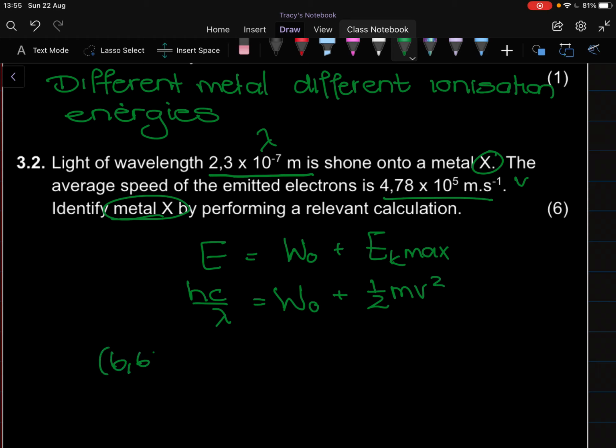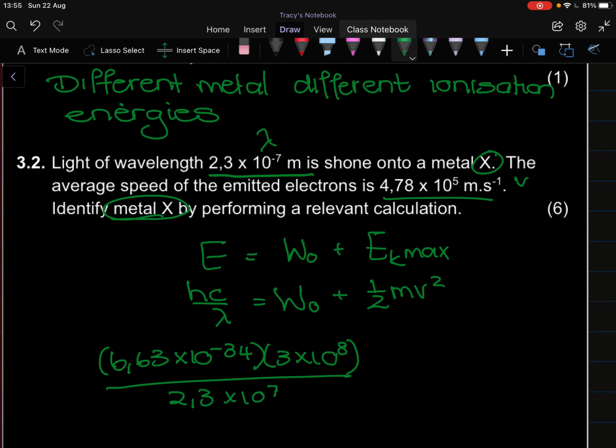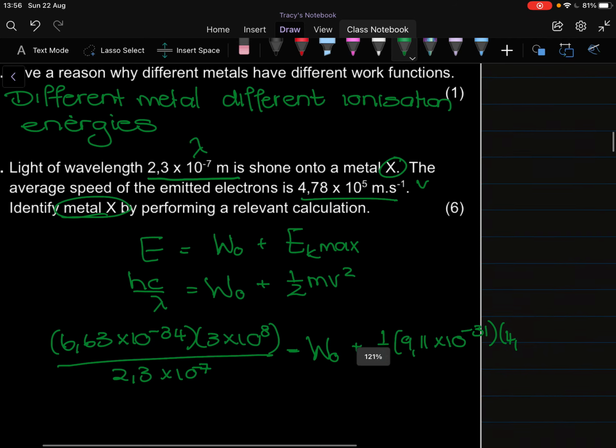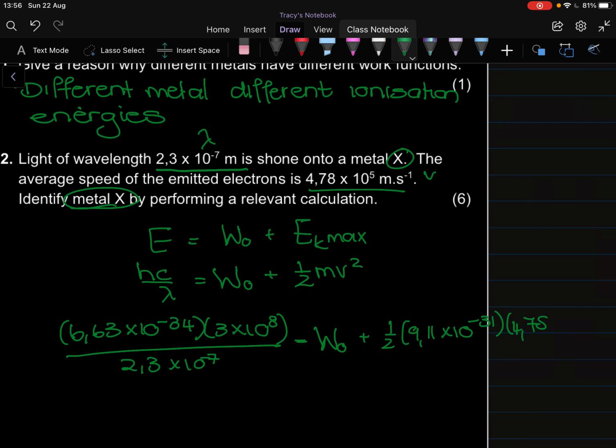Substitute in 6,63 times 10 to the minus 34 times 3 times 10 to the 8, lambda 2,3 times 10 to the minus 7. Oopsie, don't forget the W0. I was about to leave it out. W0 plus a half 9,11 times 10 to the minus 31 times 4, I should have left myself more space.